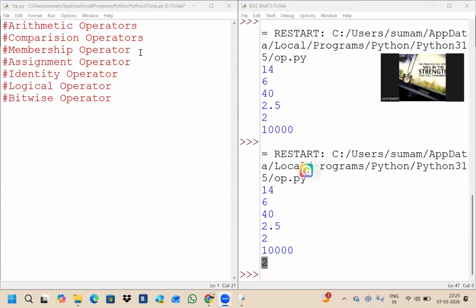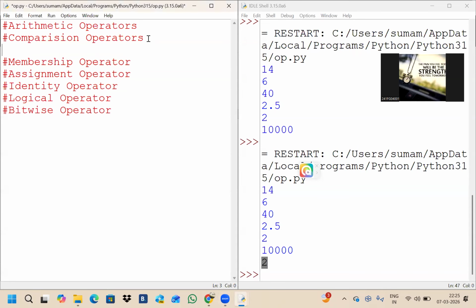Hi, ma. Now we discuss the comparison operators. Here, with these operators, you are getting the result as true or false only. So, what are the comparison operators?